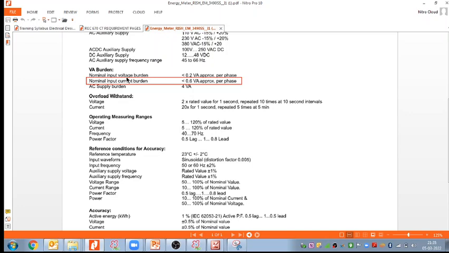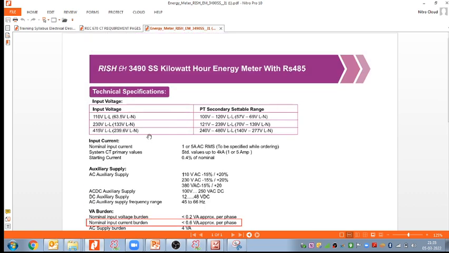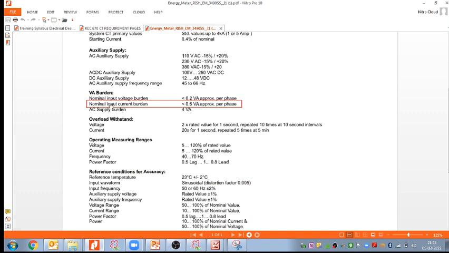So for the metering voltage transformer core we will take the 0.2 VA value. Why is both voltage and current coming? Because this is the energy meter. In the energy meter we require two inputs, one is current and second is voltage, and by the multiplication of voltage and current they display the energy. That is why two values are given here.